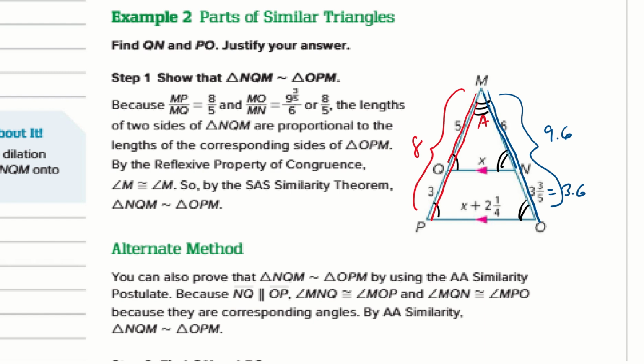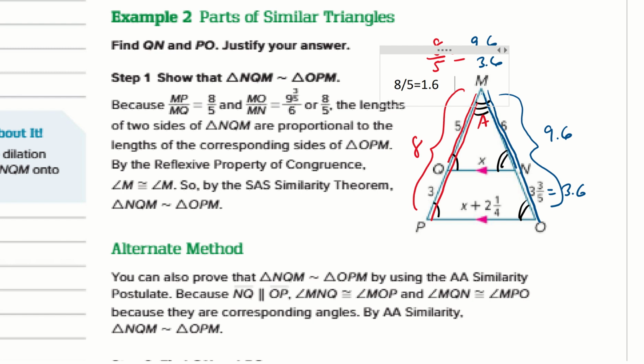All right, so let's see if those are proportional. So 8 is to 5, and then let's do 9.6 divided by 3.6. Are those the same fraction? Let's double check that. 8/5 is 1.6.